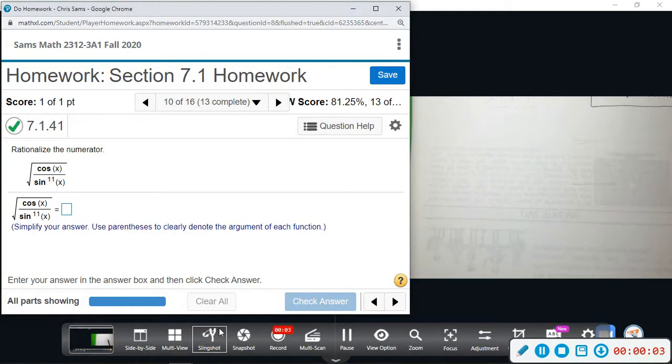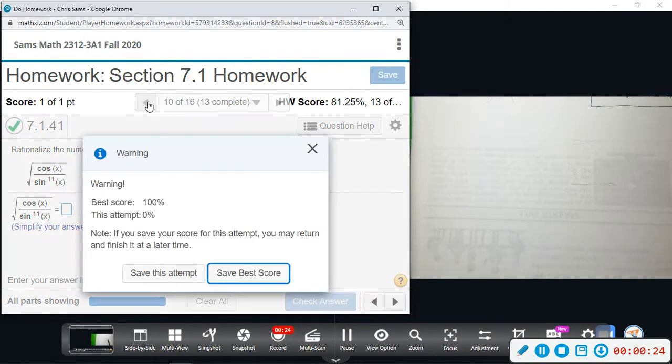All right, number 10, this problem this time wants us to rationalize the numerator. Okay, so it's not the norm, but we want to make sure you can do that if needed. And there's a very little subtle difference that you want to pay attention to when you're solving this problem. Notice that the variable is in parentheses.